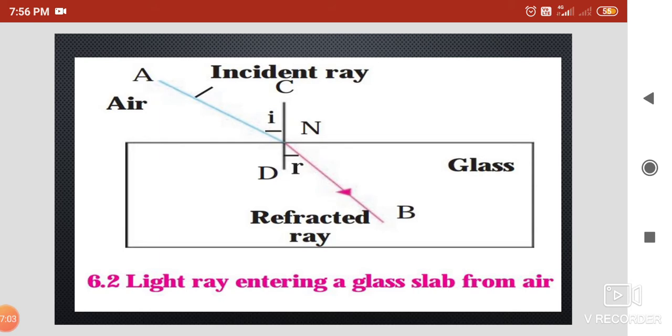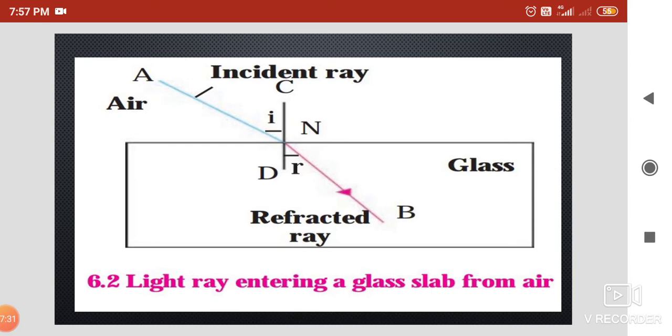Here two media are shown, air and glass. So for this air and glass pair, the ratio sine I upon sine R is always constant. This is the second law of refraction.